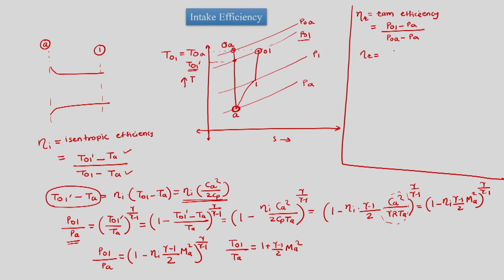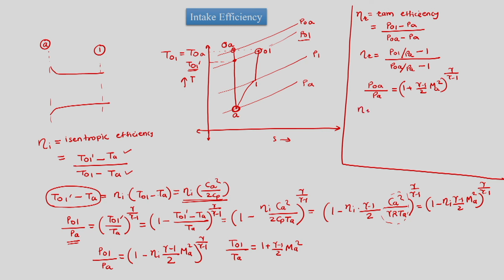So RAM efficiency can again be said as P naught 1 upon Pa minus 1 over P naught A upon Pa minus 1. Here we know that P naught A upon Pa is 1 plus gamma minus 1 by 2 Ma square, bracket raised to gamma upon gamma minus 1.